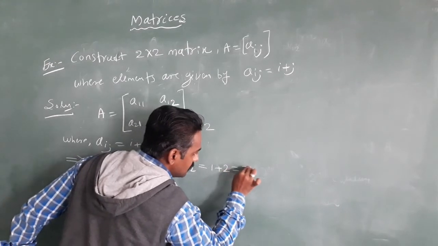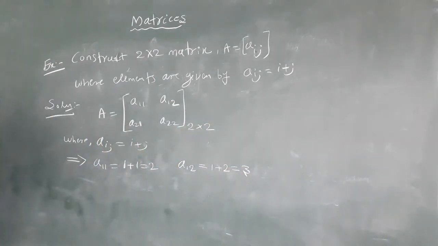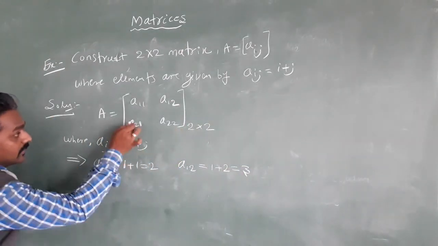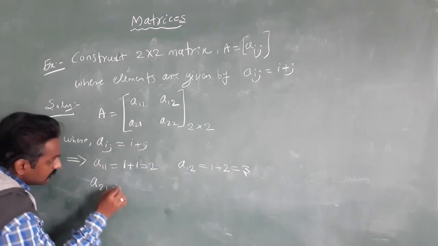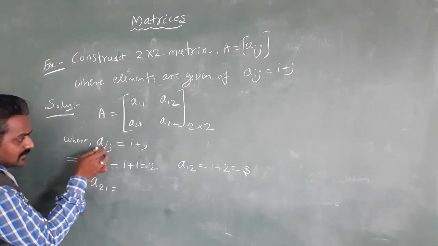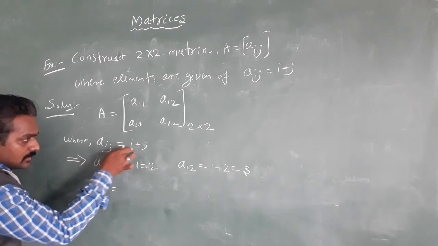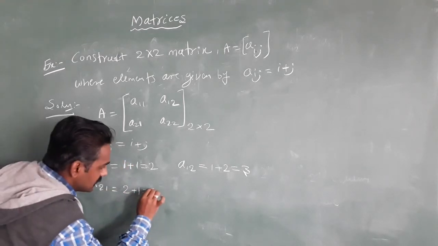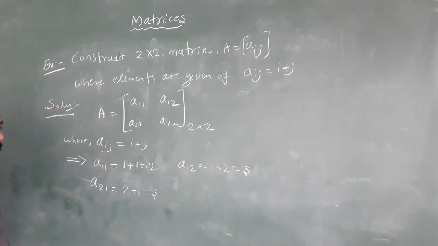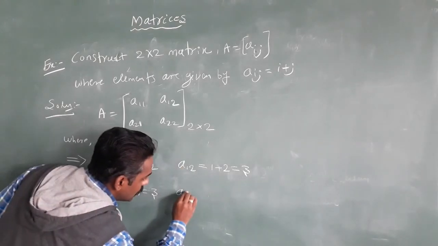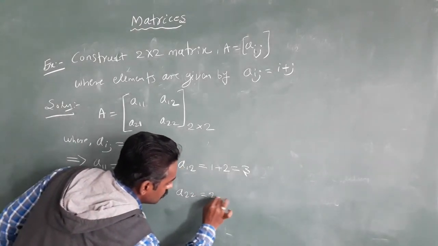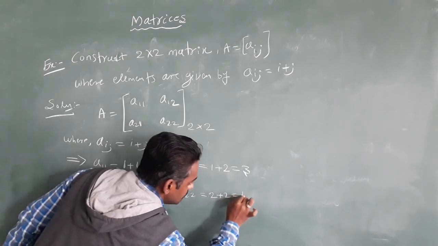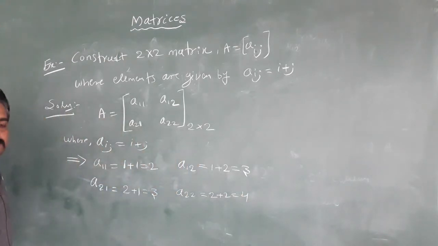So what is the value? 3. Next, A21, i equal to 2, j equal to 1, so 2 plus 1, you get 3 here. Next, A22, 2 plus 2, that is 4.